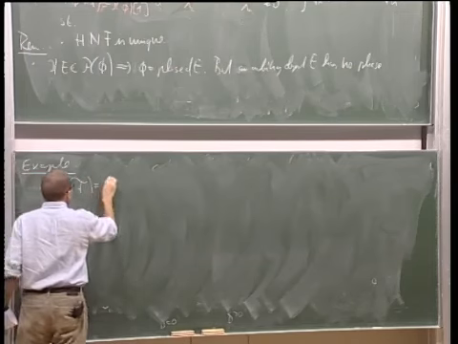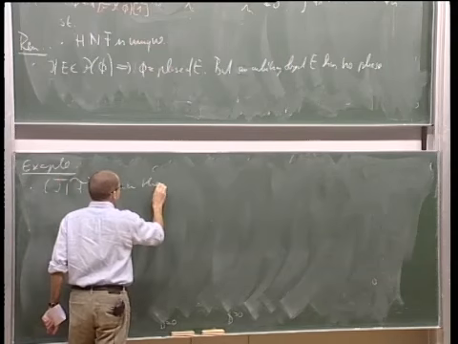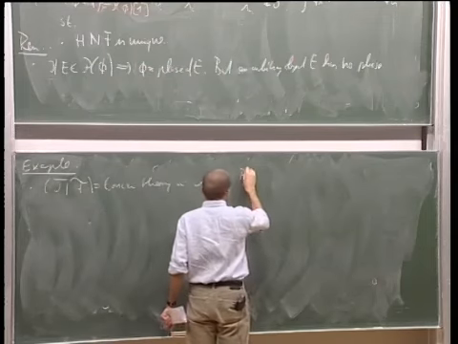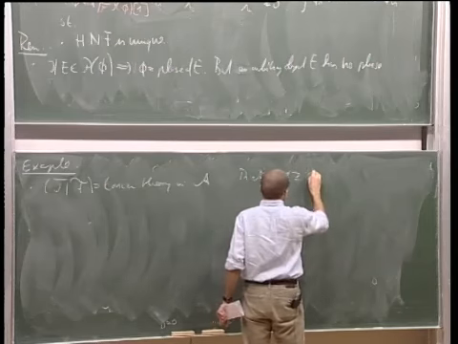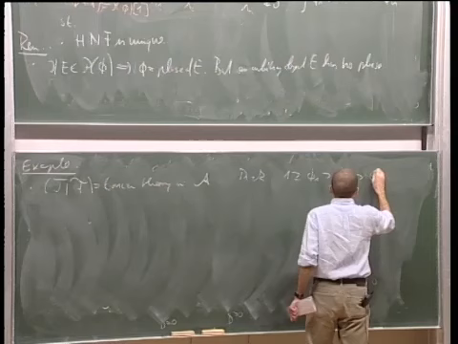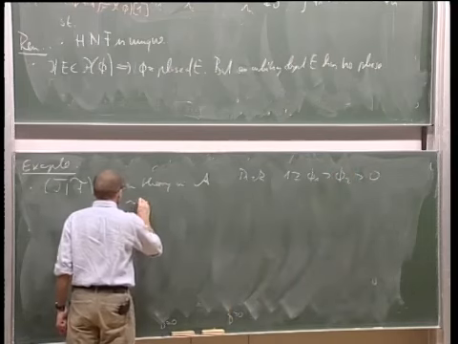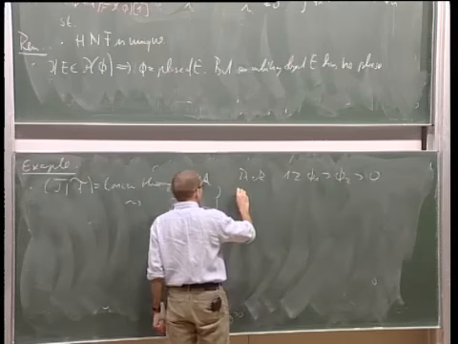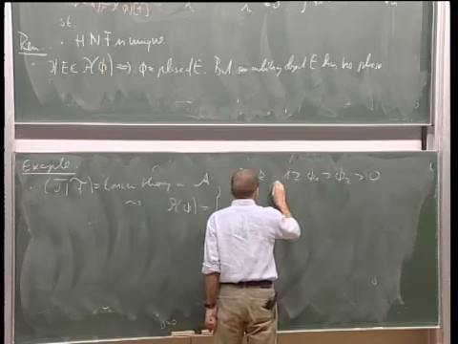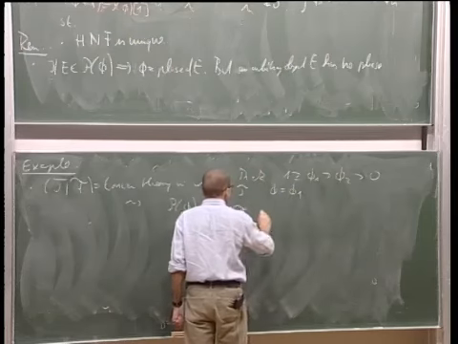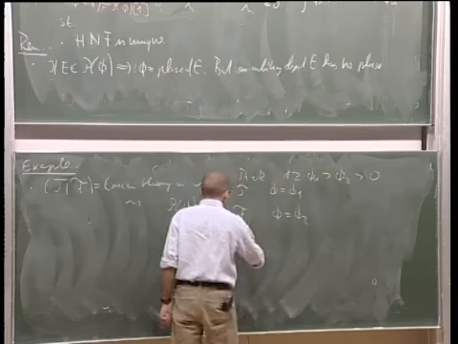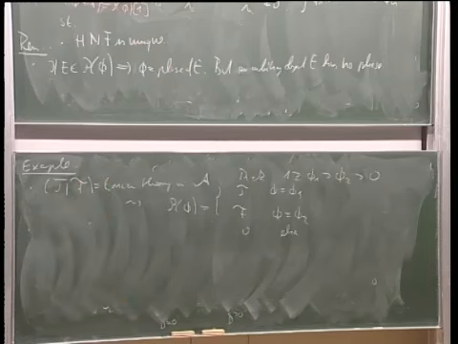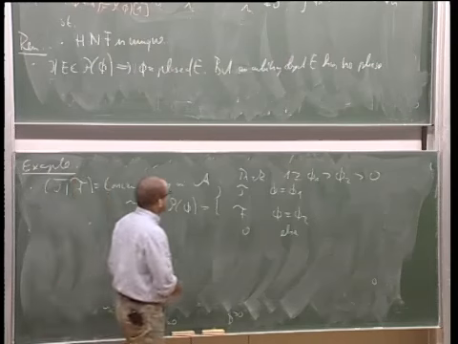Let this be a torsion theory (T, F) in A, and just pick two numbers, phi 1 and phi 2, and define P(phi) to be T for phi equals phi 1, F for phi equals phi 2, and 0 otherwise. This does define a slicing.